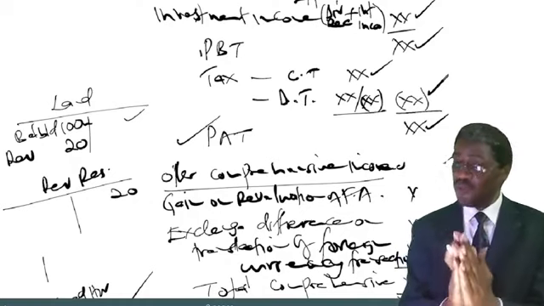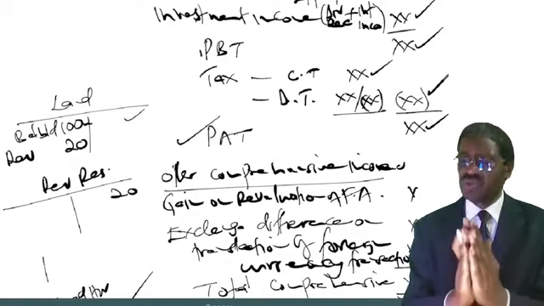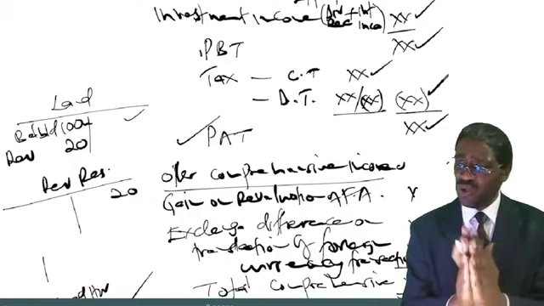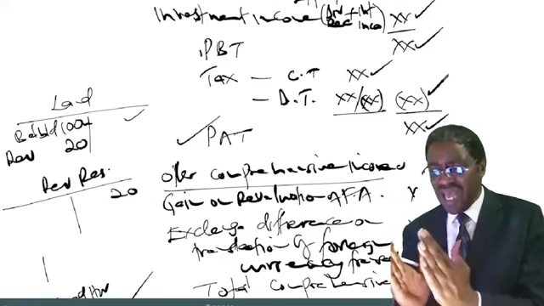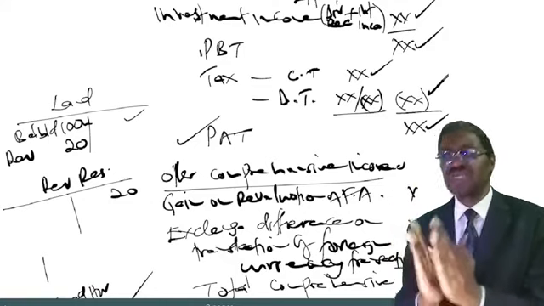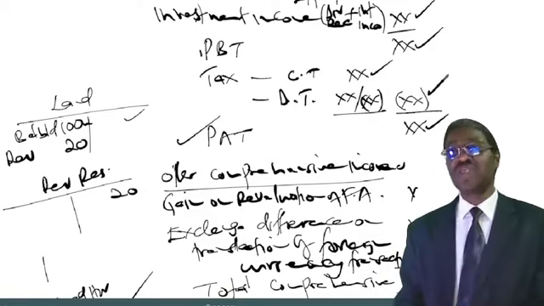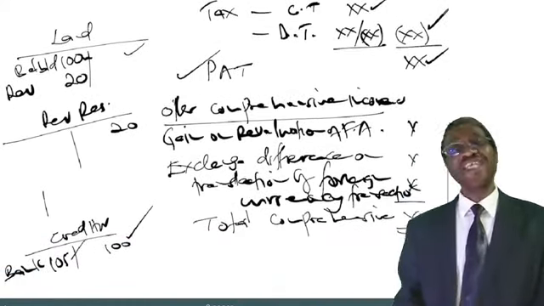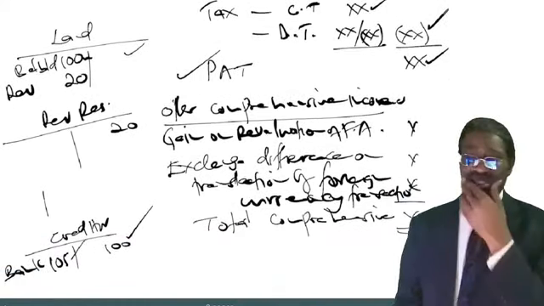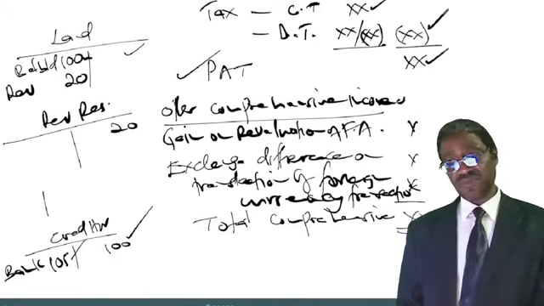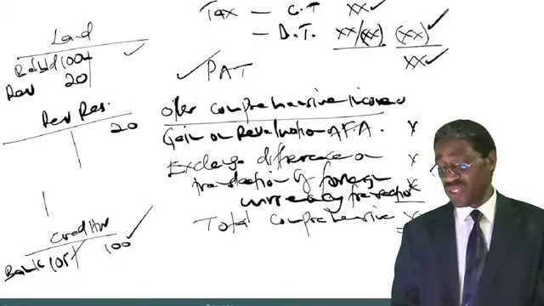Then I've told you, if the examiner tells you prepare a statement of profit or loss and other comprehensive incomes, then go through the question, identify what other comprehensive incomes you are given. Okay, we have given 2 examples.